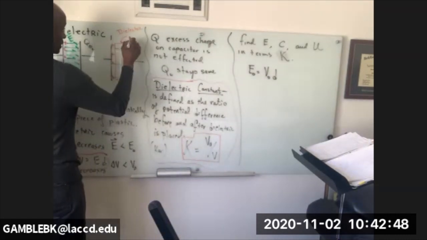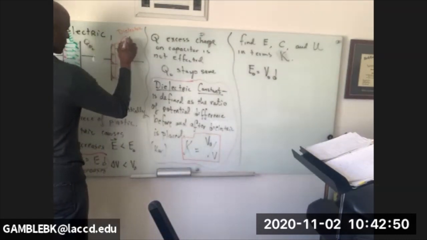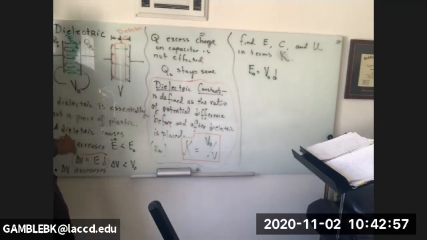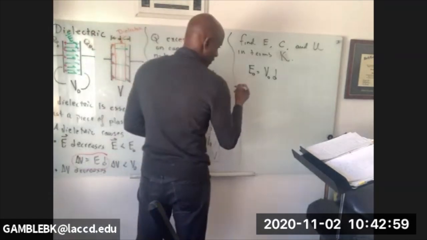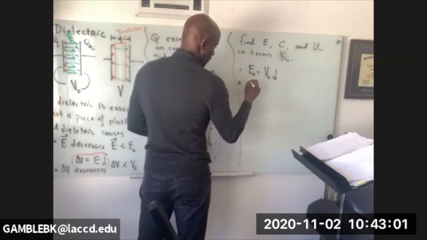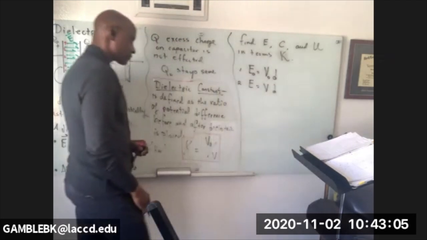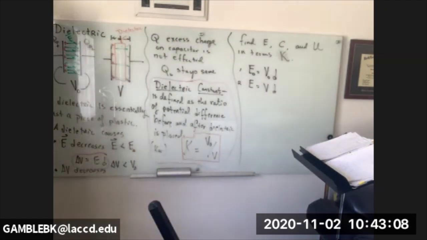That also doesn't change. I didn't think I had to say anything about that, but we're not physically changing anything about the plates. So that's one equation. And another one is E is equal to V over D.